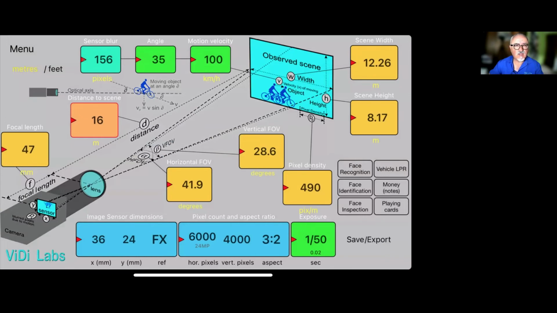There is no way you can understand or recognize what that car is, what's the number plate. Even though, and this is an interesting point to make, all the calculations bring pixel density 490. Now, we did say that if you press the vehicle LPR, you will see that pixel density should be at least 300 for you to recognize the numbers, but only when the vehicle is either static or has very short blurriness because of the short exposure.